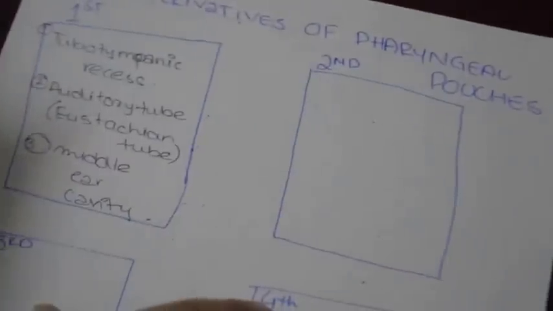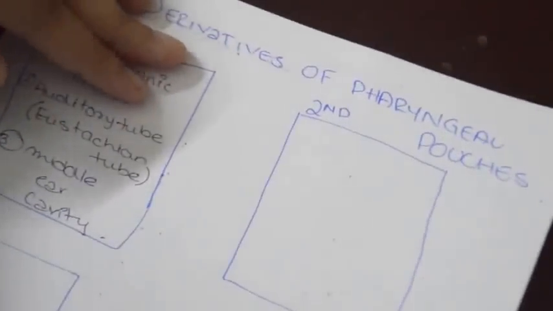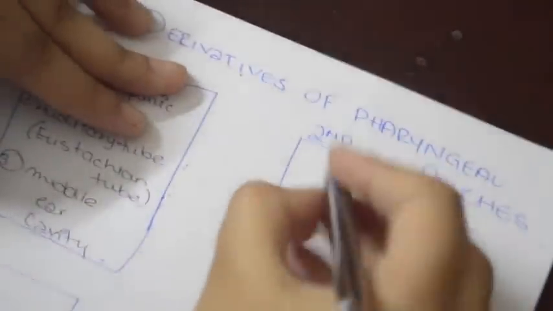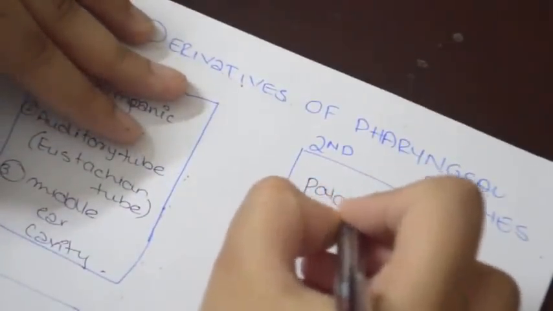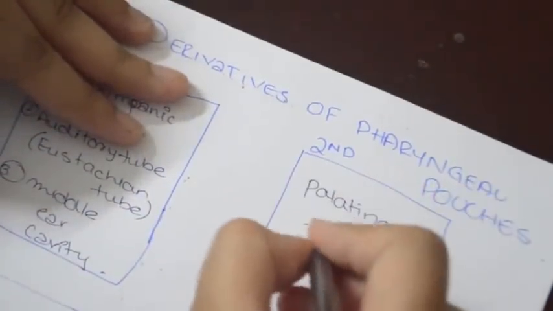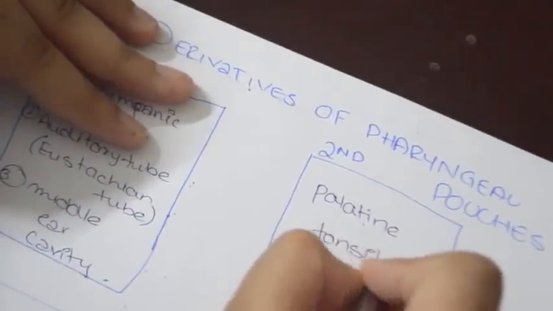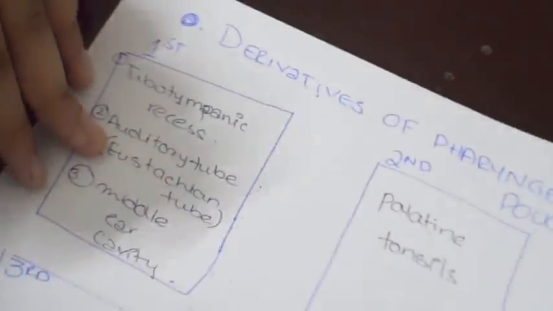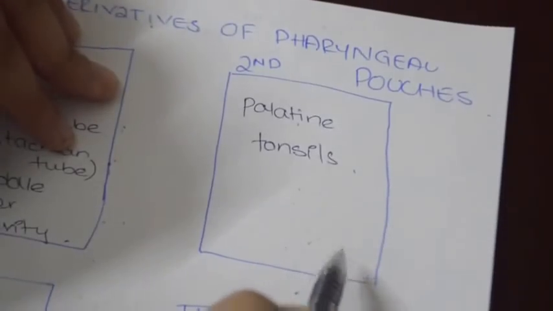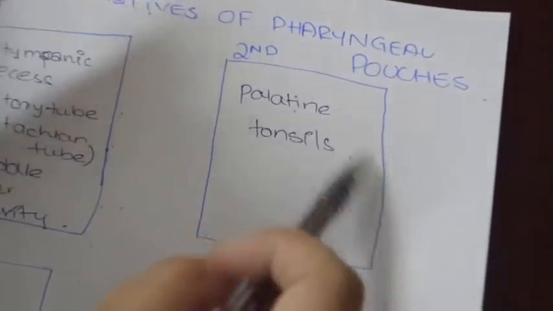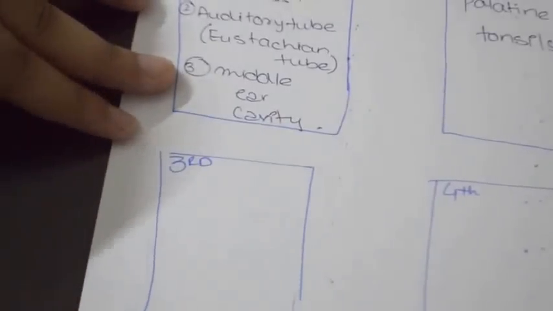Now coming to the second pharyngeal pouch. By the second pharyngeal pouch, the palatine tonsils are formed. Then what is formed by the third pharyngeal pouch?